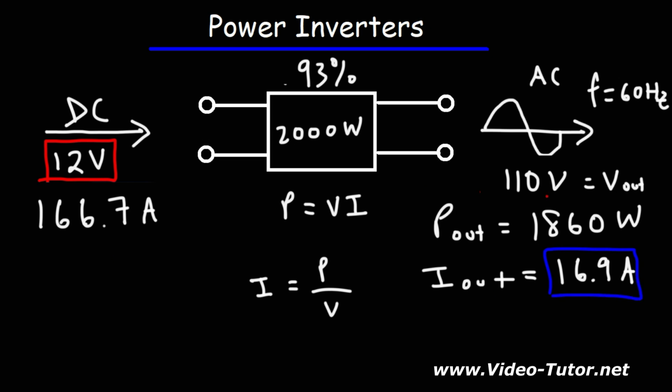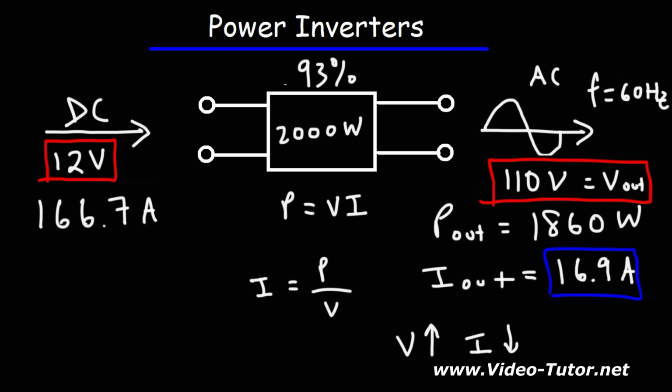So even though this device is not perfectly efficient, the voltage still increased and the current at the output decreased. So that's the basic math behind power inverters.